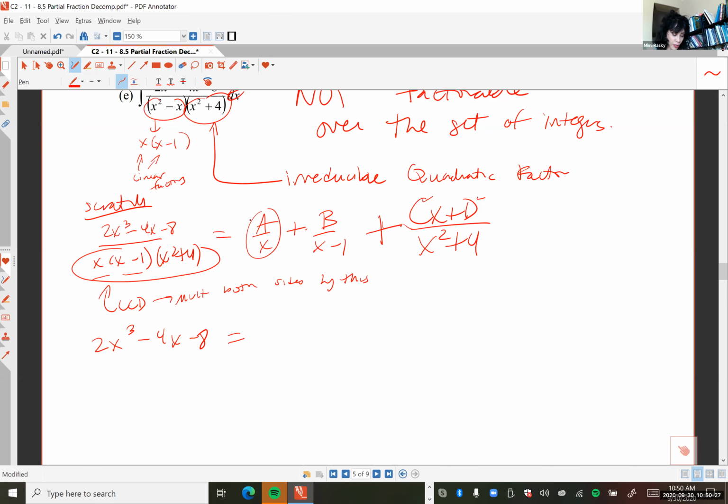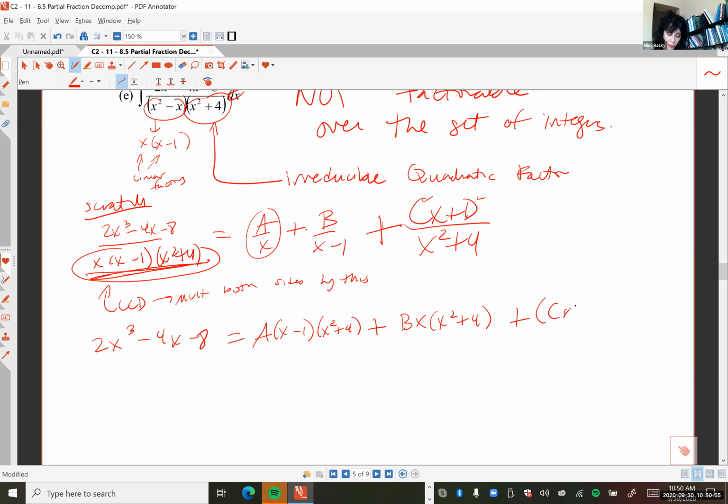And then this term, after you multiply him with this big old LCD, the x's cancel, but the other factors do not. And then the second term, the b, the x minus 1 cancels, but the other two factors do not. And then you're not going to like this last term.